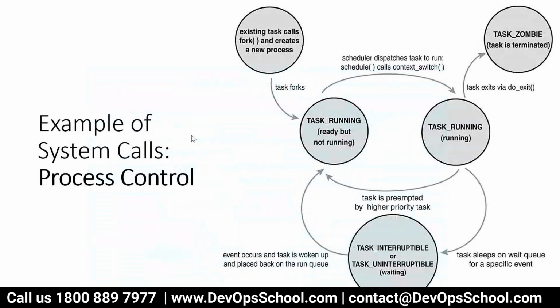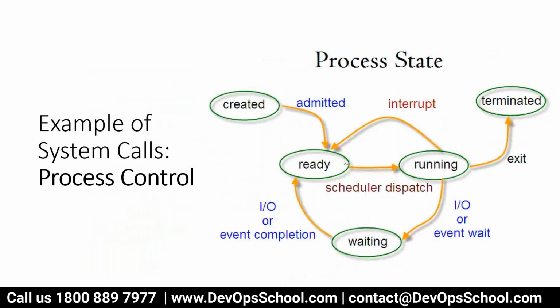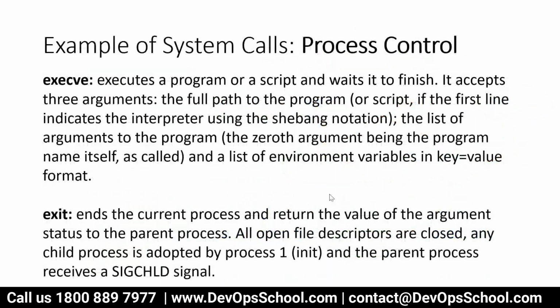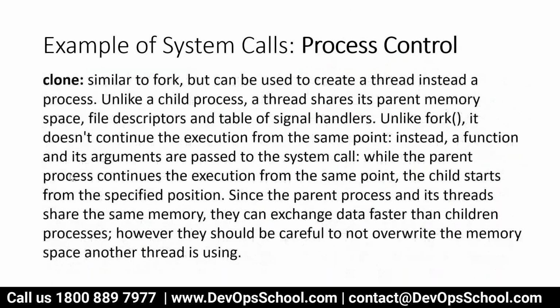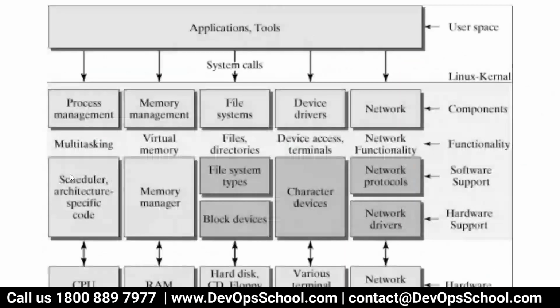You see here examples of system calls: process control, exiting, running, waiting, and again running and terminated. At a high level you just need to remember this. So these are the methods which are available for process control. Now this I will leave as it is.